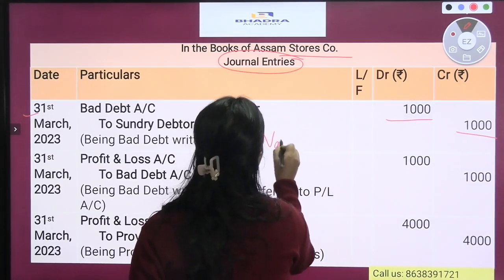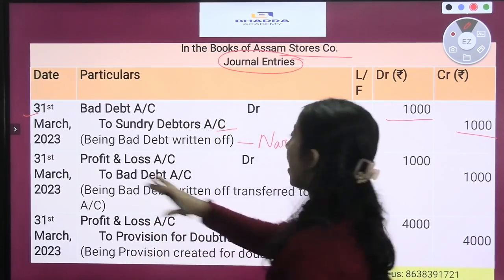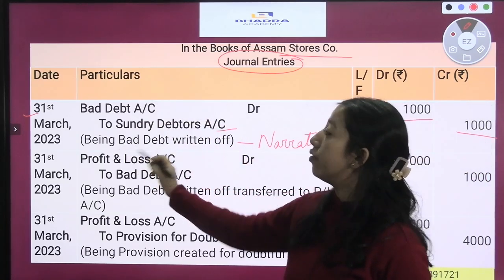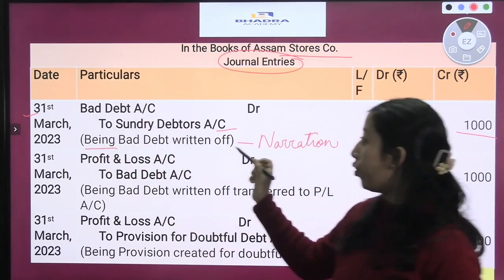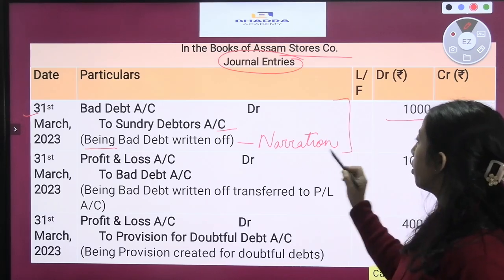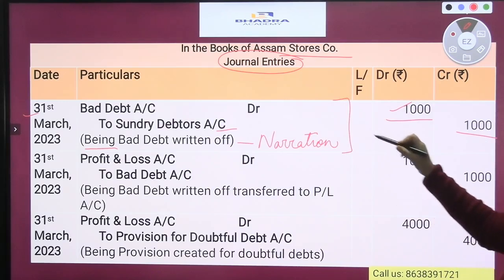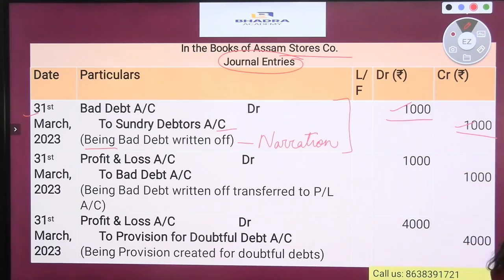In journal entries, narration is where we write in detail or explain what is done. We always start narration with the word being: being bad debt written off. So in this entry, bad debt is written off rupees 1000, that is, bad debt account is debited and rupees 1000 sundry debtors account is credited.